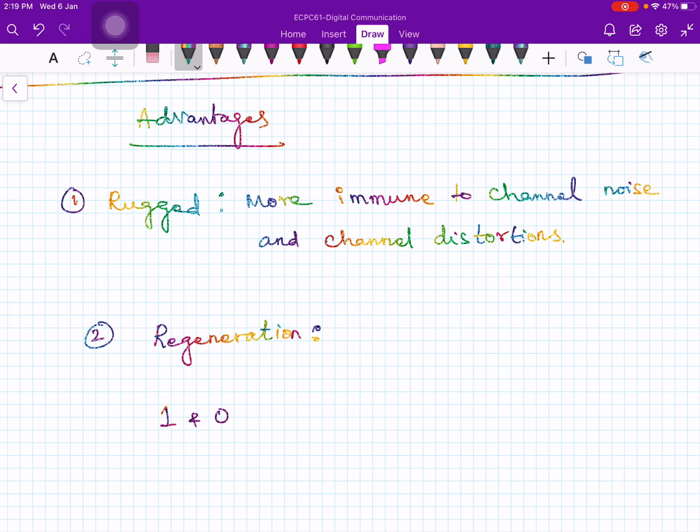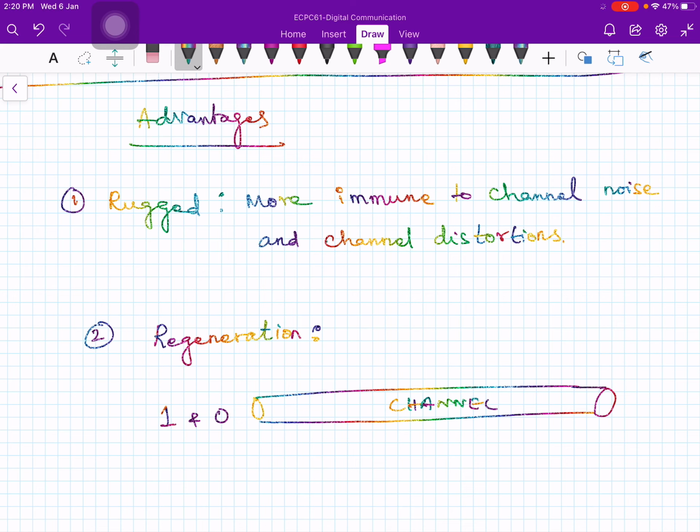But now let us assume that these ones and zeros are represented by discrete waveforms. Now the signal which contains information about ones and zeros propagates along the channel. Let's say it is a 10 kilometer length channel.